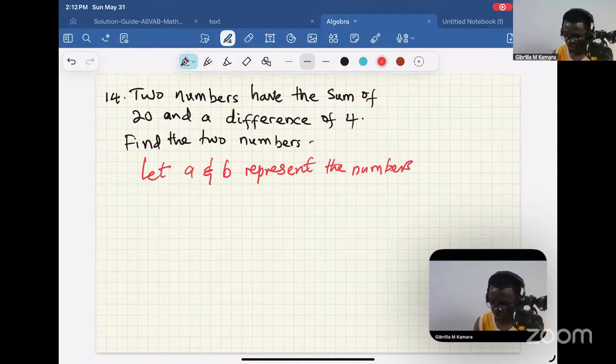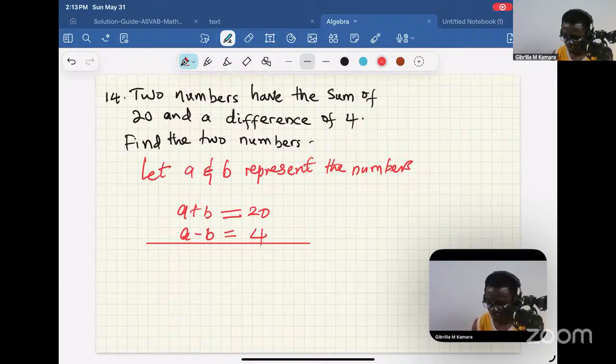The sum of the two numbers, A plus B, is 20. Their difference, A minus B, is 4. Find the numbers.